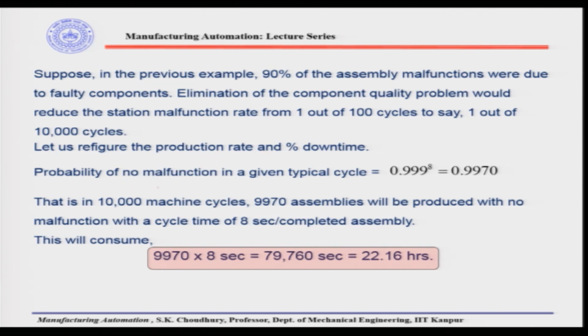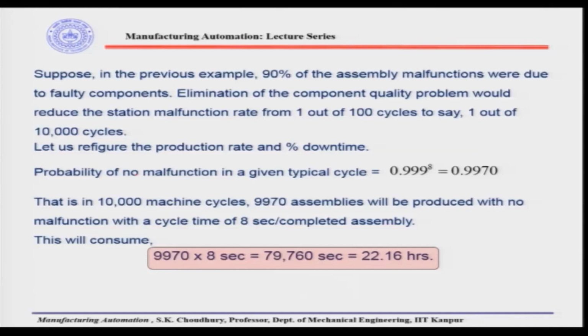Now, the probability of no malfunction in a given typical cycle will be 0.999, because 1 out of 10,000 cycles it is malfunctioning. So, 10,000 minus 1 is 9,999, it will function. That means no malfunction will be 0.999, and all the 8 machines have to be in the non-malfunctioning position.